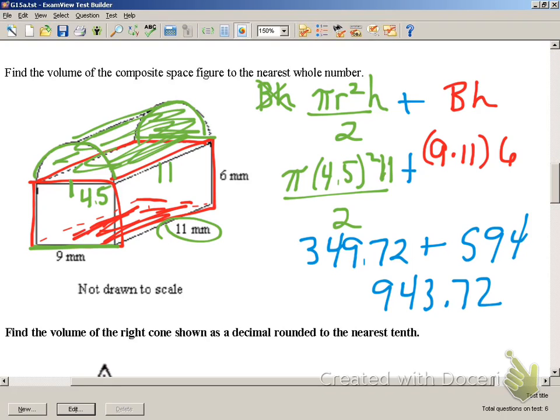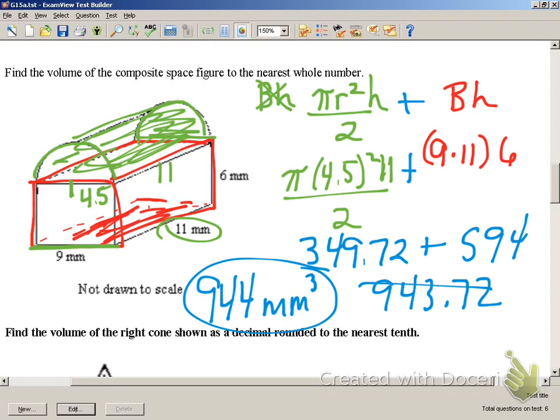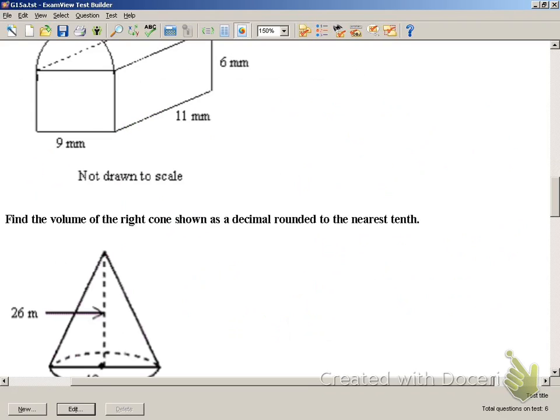But it says nearest whole number, so I'm going to say 944. This is actually cubic millimeters, because we're talking about volume, it's cubic. Rounding to the nearest whole number. Let's go to number 5.